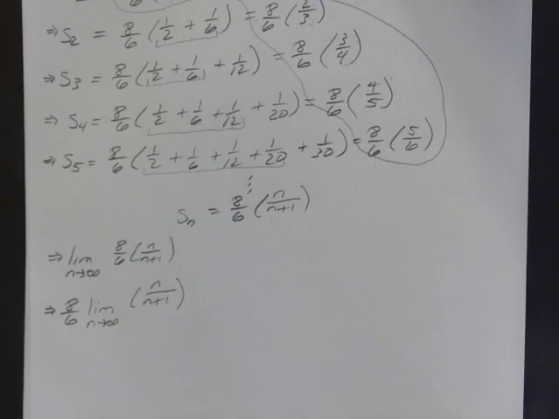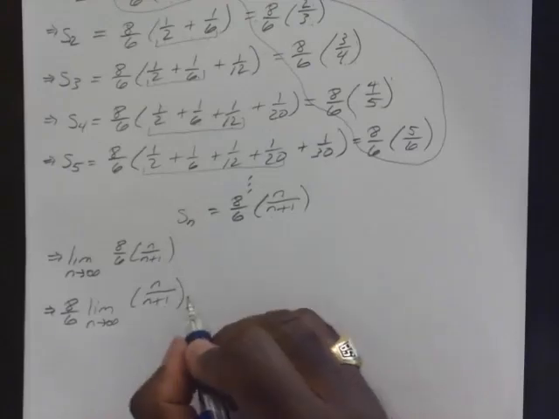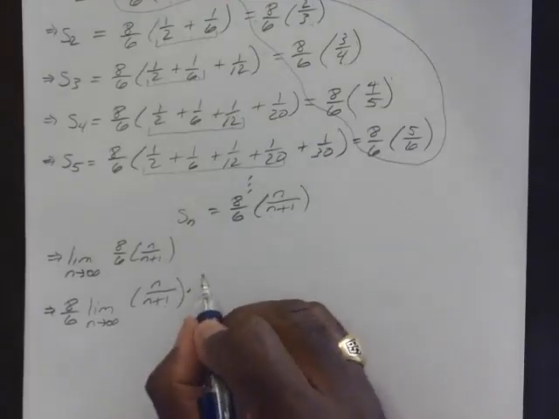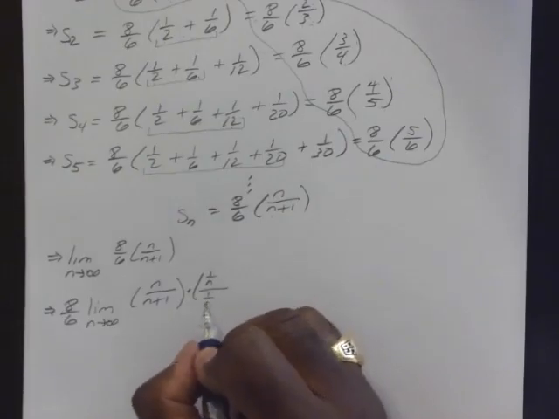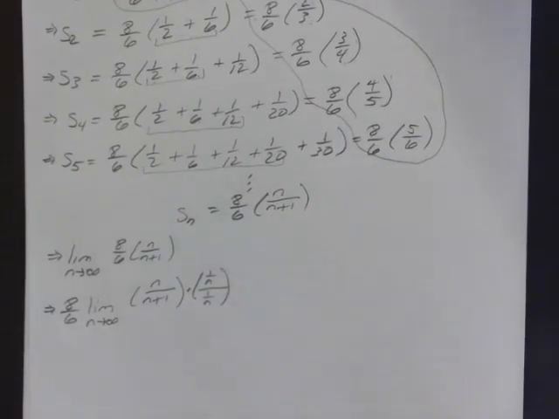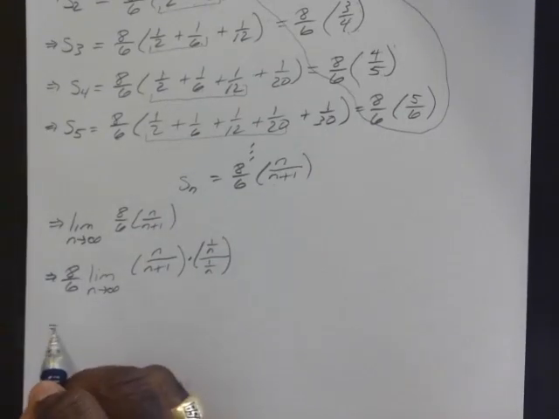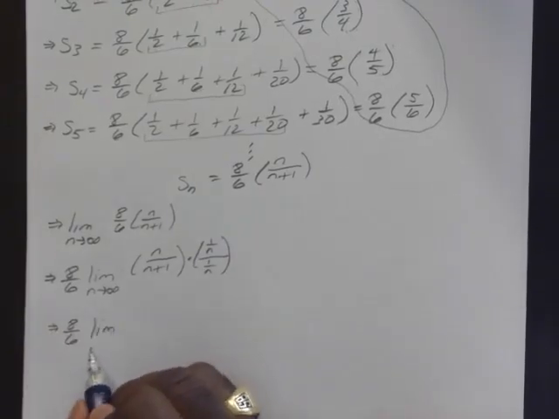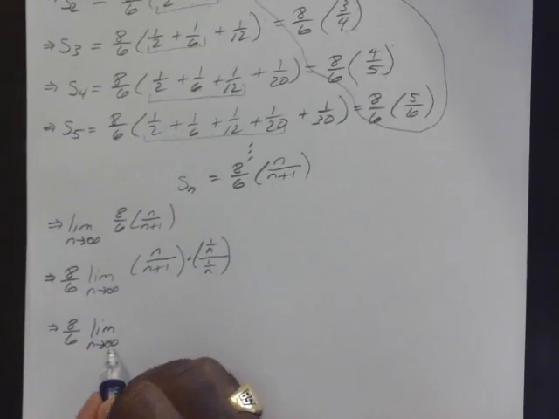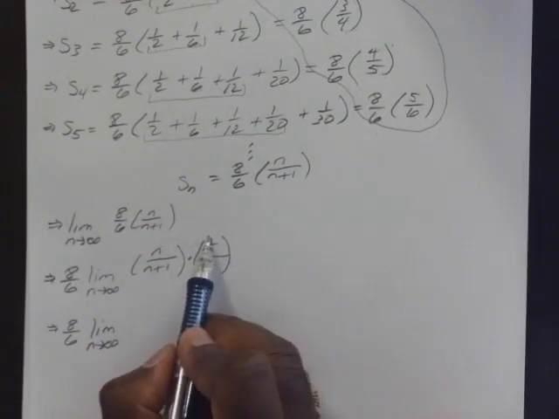Okay. And we can simplify this by dividing each term by n, or think of it as multiplying the numerator and denominator by 1/n. So that gives us 8/6 times the limit as n approaches infinity. n times 1/n is just 1.